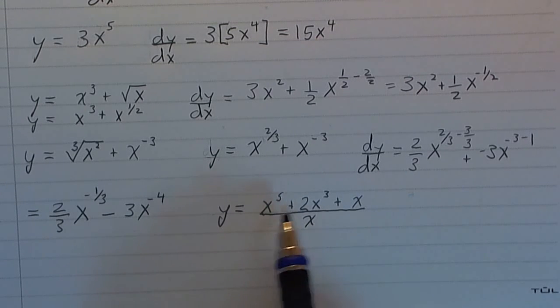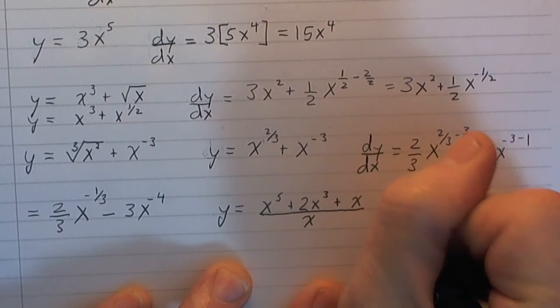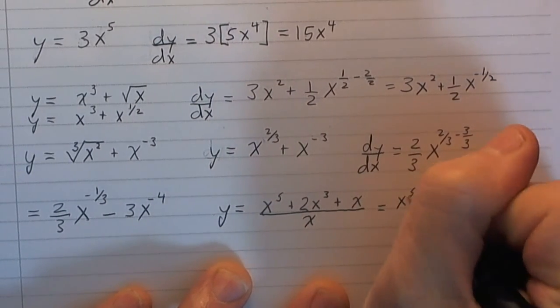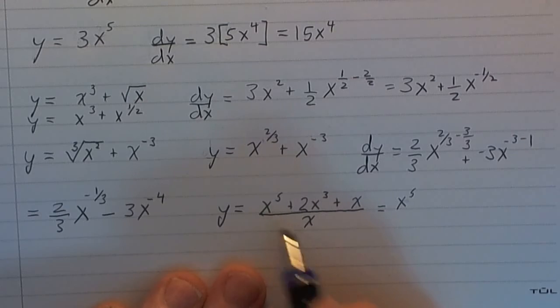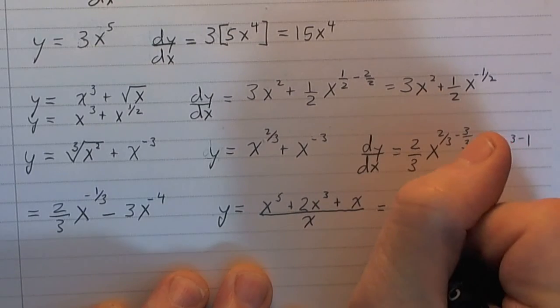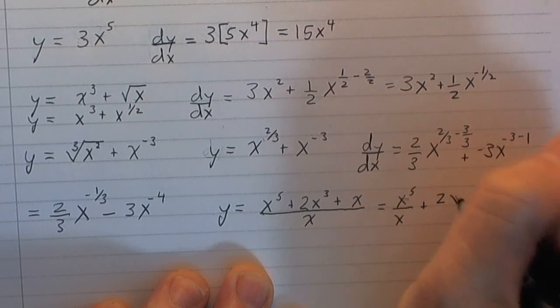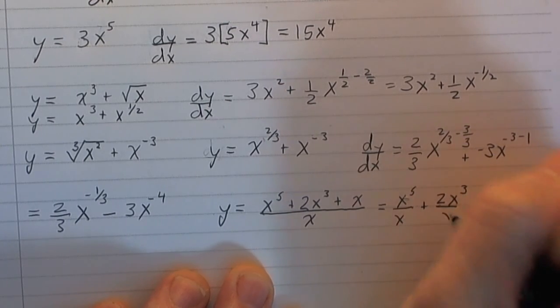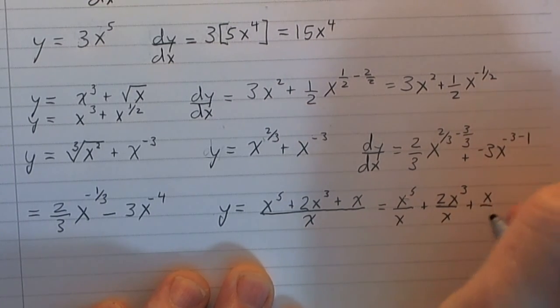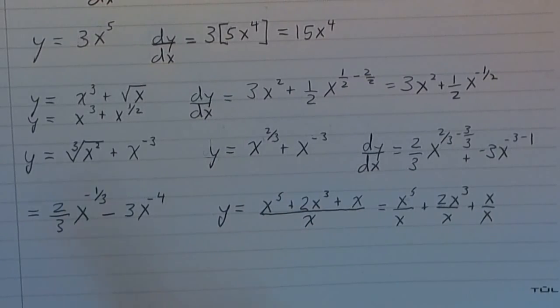We don't have any properties for quotients this way. However, if you view this as x to the 5th, notice this is just over one term in the denominator, so we could split this up this way. Yeah, we can split it up that way.